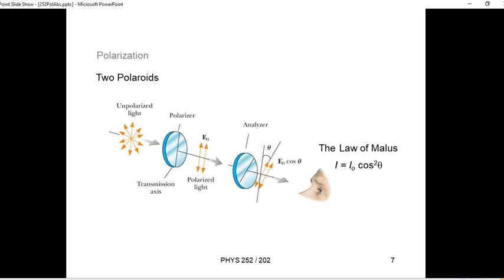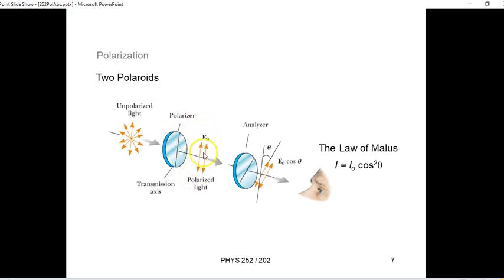Okay, so what you can do then is play around with two polarizers and reproduce what Malus observed a long time ago. I'm not sure how many hundreds of years ago or decades ago. This is called the law of Malus, and what you do is you produce linearly polarized light. That's what your first polarizer does. So you could take some sunlight, for instance, and put a linear polarizer here.